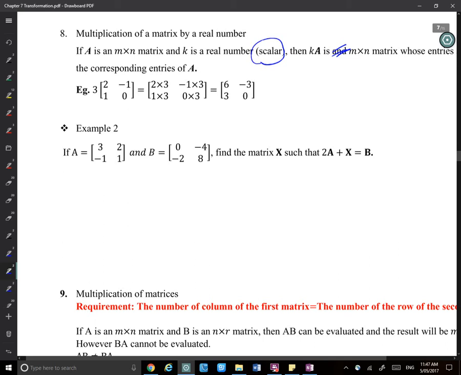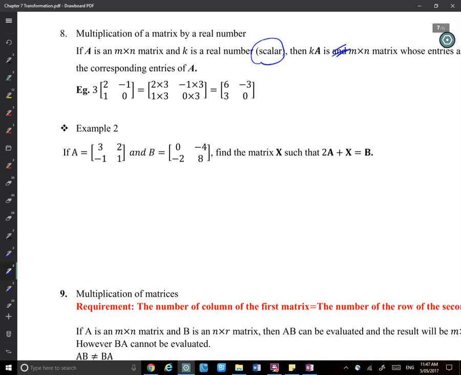If you have a scalar 3, this 3 times this matrix A. A scalar can multiply any matrix. Therefore, all the entries need to be multiplied by 3. All these entries will be times 3, and that is the result. It is the same as a bracket: 3 times a bracket, so everything inside the bracket needs to be multiplied by 3. So it's similar to that.